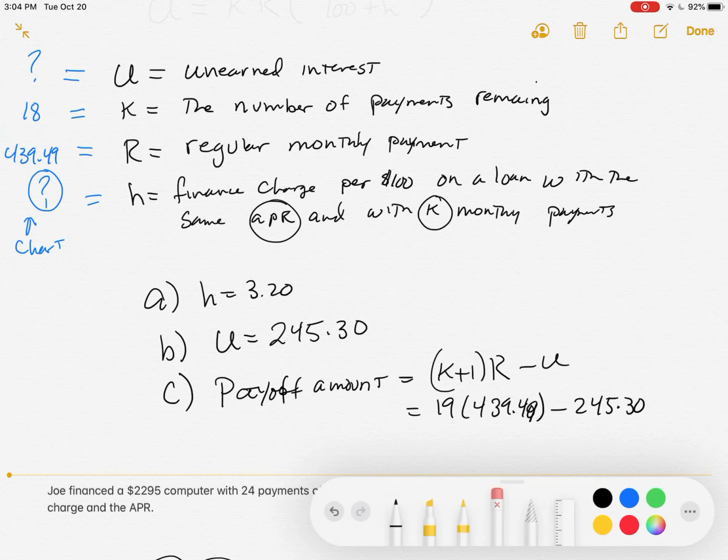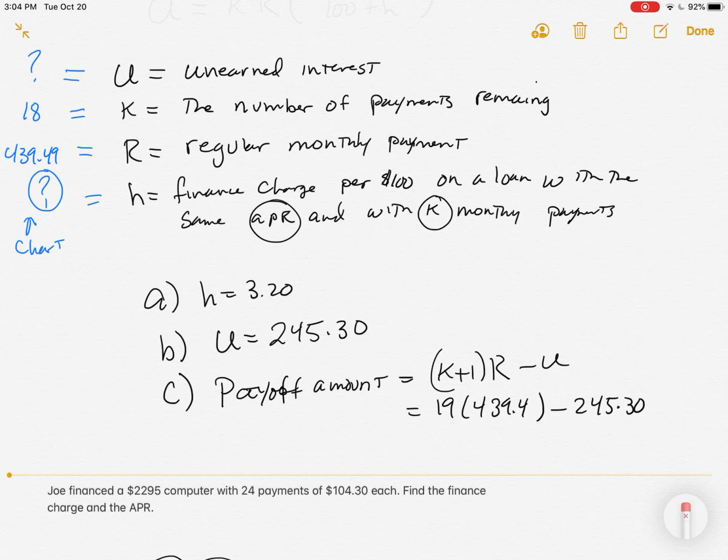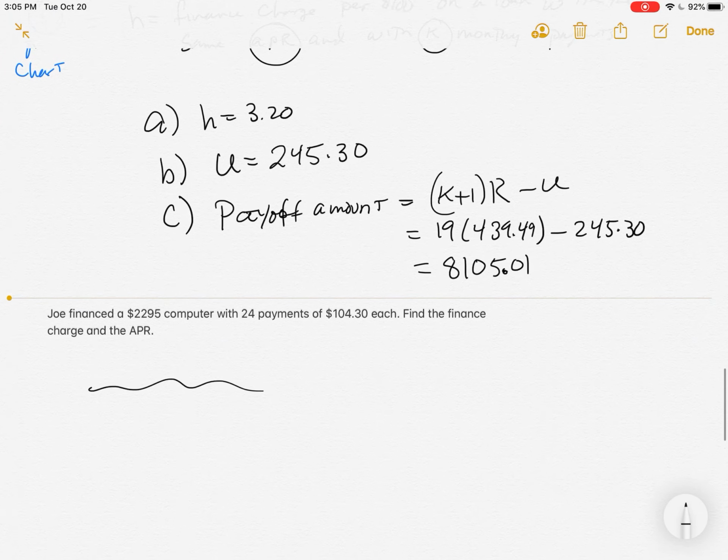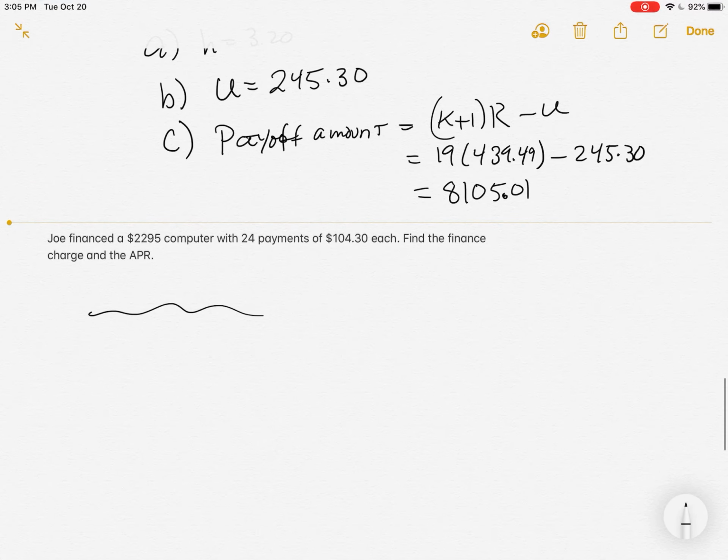Remember, this $439.49 was the regular monthly payment that we had from the very beginning. When we calculate that, we get $8,105.01. So why the K plus 1? Because you have to pay the interest on that last payment, but you're not responsible for it for the other 18 payments, and so we're subtracting that out. And so in order to pay off this loan, he would need to provide $8,105.01.